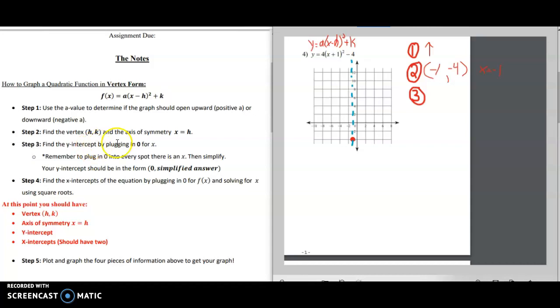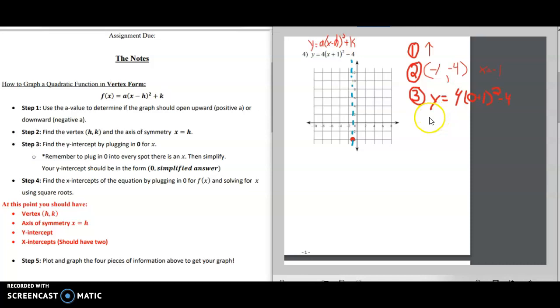Find the y-intercept by plugging 0 in for x. So I'm going to relook at this equation here at the bottom. Instead of this x here, I'm just going to put a 0. So I have y equals 4, and instead of that x, I'm putting a 0. And then I'm going to solve using order of operations.